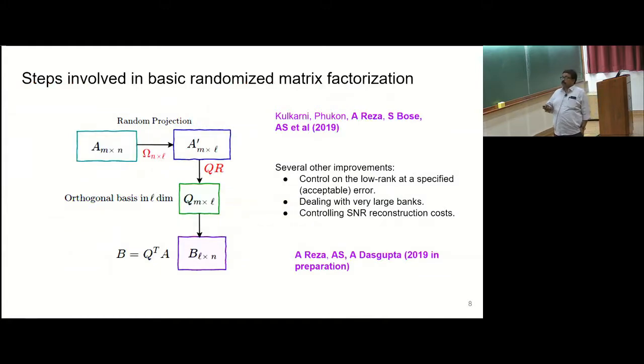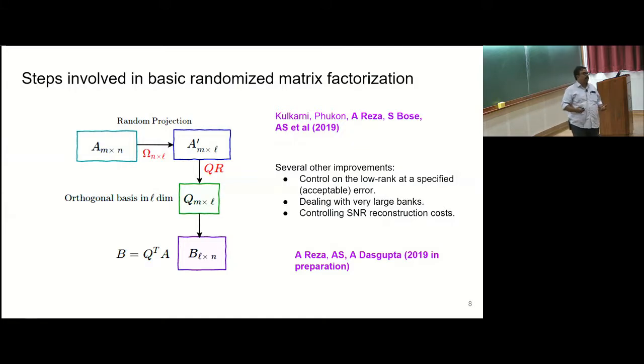So we showed that that can be used, in fact, to do this decomposition of this very large template bank, not in the SVD fashion, but using random projections and taking a QR decomposition. And that can be found here, but of recent, we have made several other improvements on this. So for instance, we can control the low rank at a specified acceptable error. When we do the analysis, we don't really care what rank you're using.